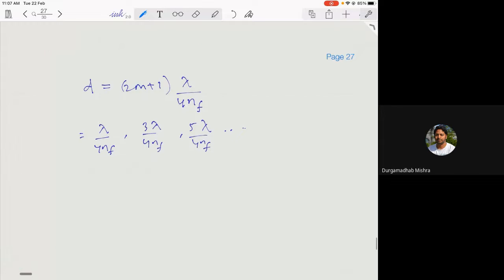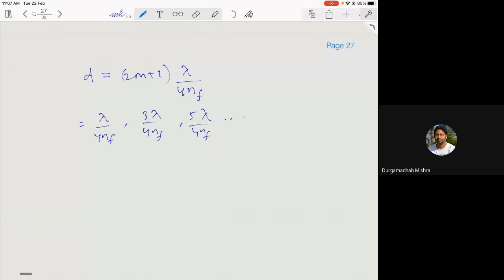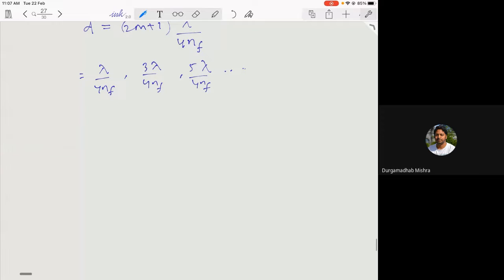So now what happens if the refractive index of the film is higher than that of the glass? Let's say we have a situation where this is the glass I have, and I have the coating here. Now this Nf is greater than Ng.